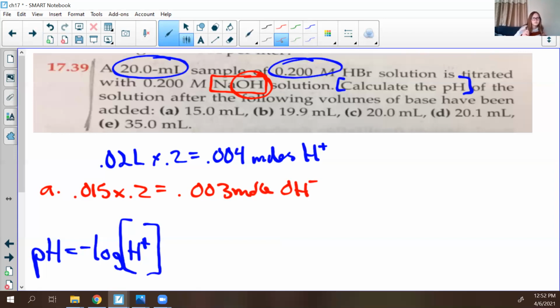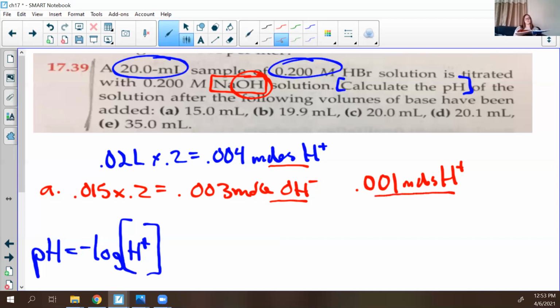Okay. Every one of these problems, you'll do it the same way. You convert to moles, and then you find which one of the things is in excess. So between the H plus and the OH for part A, which thing's in excess? H plus. And how much excess is there? Bigger, subtract smaller. Yep, 0.001 moles of H plus. Now, I'm close to what I ultimately need, but what do these brackets mean? Concentration.